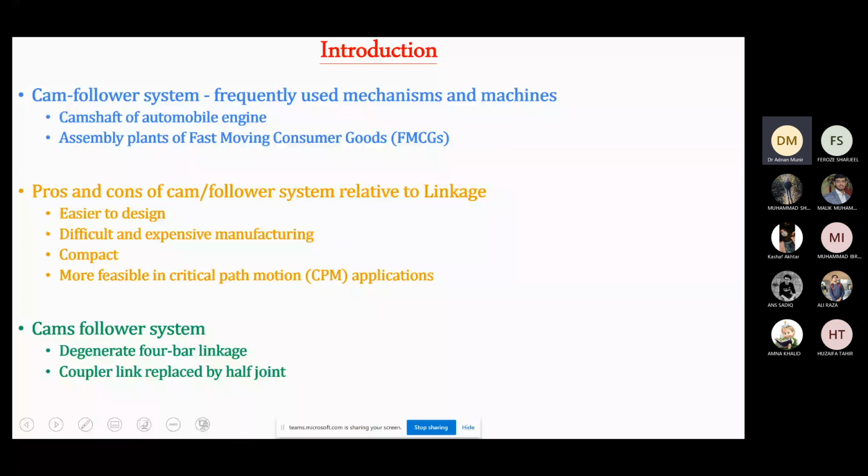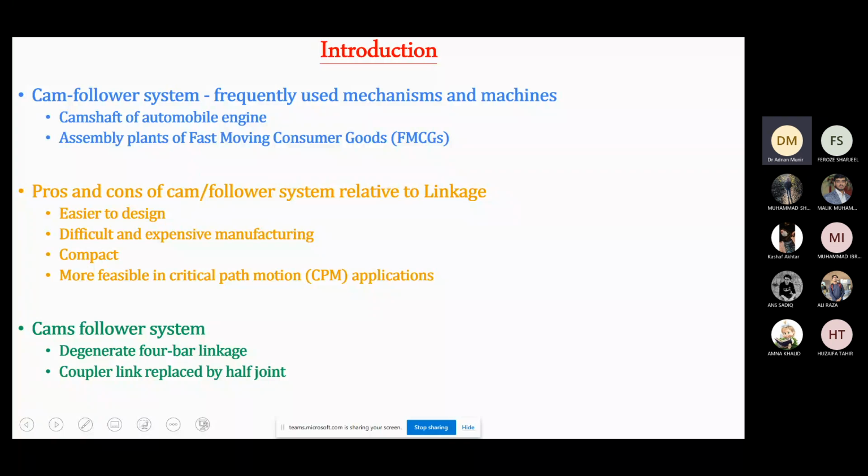For example, in a cam follower system, we can control that by defining a function. That function can be a sinusoidal function, a cosine function, or a cycloidal function. We'll be discussing these functions later today, or maybe in the next class. So it is more feasible in critical path motion, where we have better control over the path.